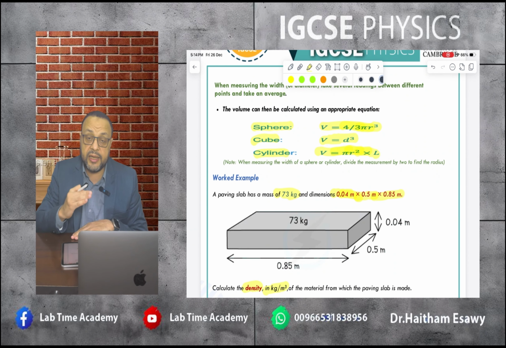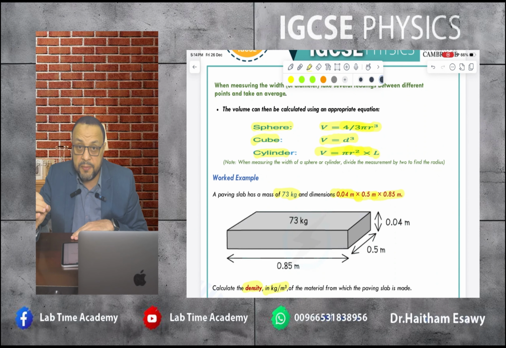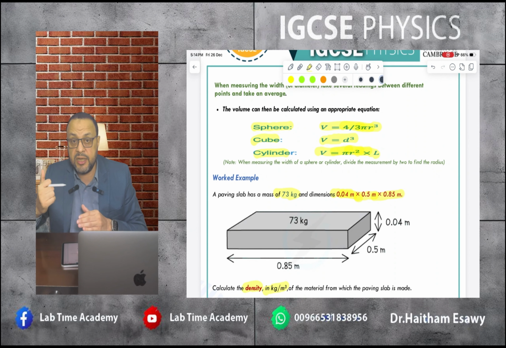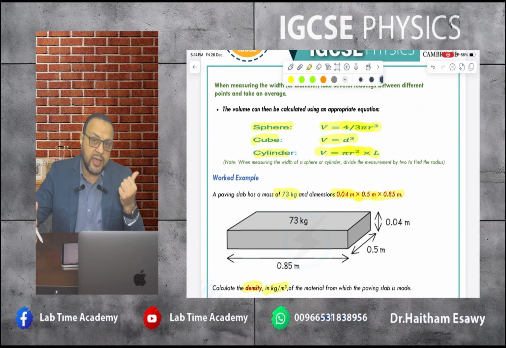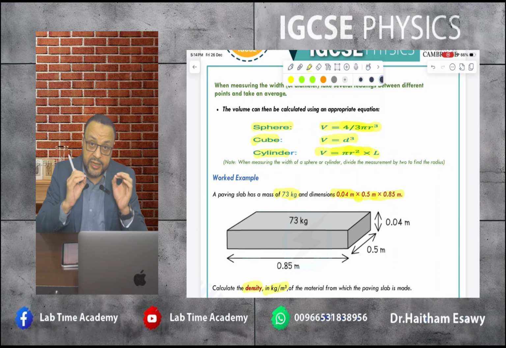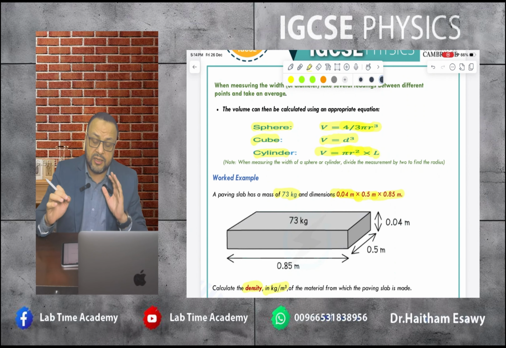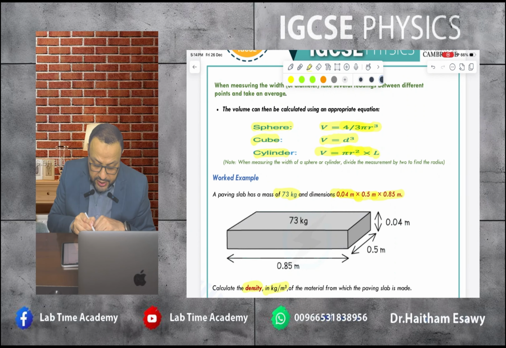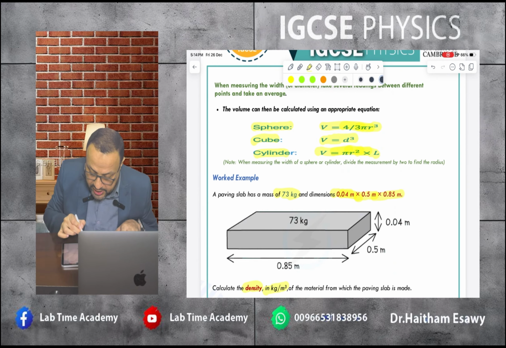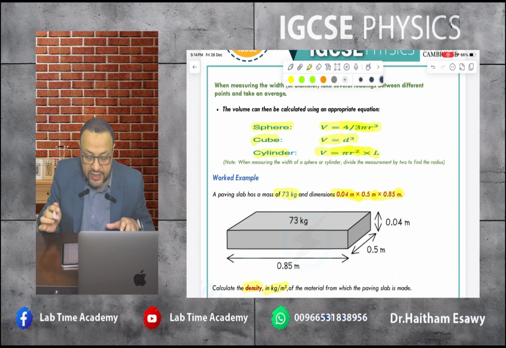You have to take care about the units, because for example, if the unit in the question is centimeter and it asks you to get the quantity in meter, you have to convert the units. So take care about the units in the question and in what it asks you to get. Here it said kilograms per cubic meter, and here we have meters and kilograms, so no need to convert anything.